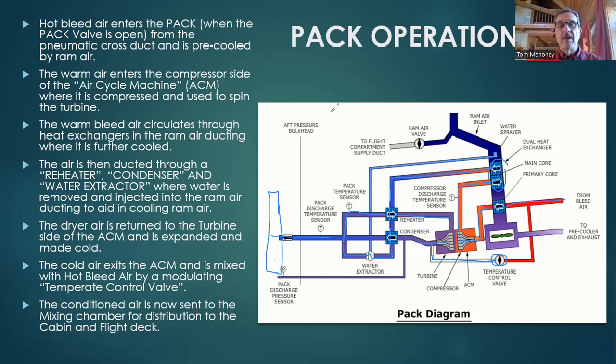In fact, to some extent, that's the way the preconditioned air underneath the jetway works. When we park at the gate, we don't necessarily want to run our packs. We don't want to run the APU. So they'll actually hook preconditioned air up to the aircraft in the big yellow tubes, about 12 inches in diameter, and it'll dump air, preconditioned air, right into the mixing manifold, bypassing the entire pack.